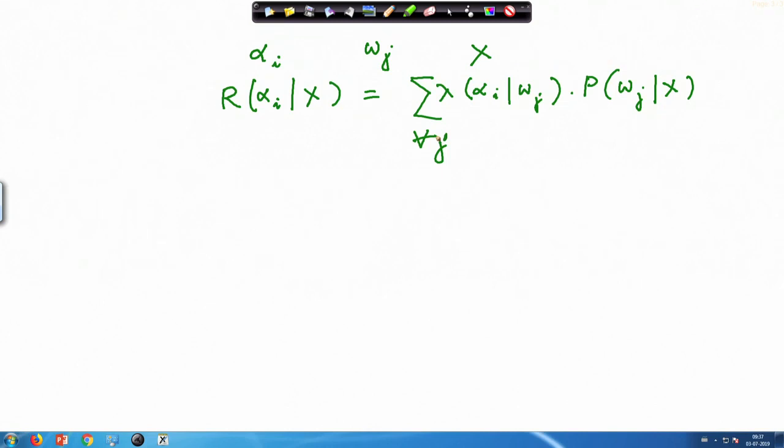So, that is the total risk for taking an action alpha I given an input feature vector x. If I have k such actions, with alpha I varying from 1 to k, then for each of them I have to compute the risk function, and I have to take that particular action for which the risk involved is minimum. That is what the Bayes minimum risk classifier says.